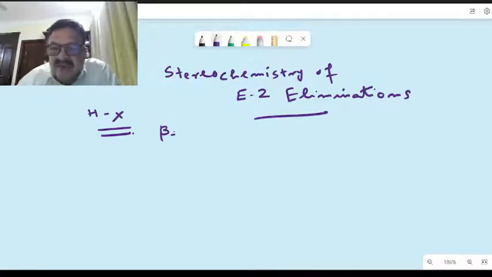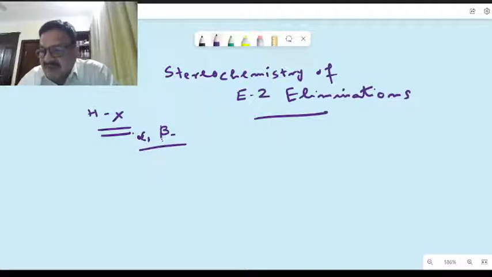Why is it called beta elimination? Because it involves loss of elements from adjacent atoms, adjacent carbon atoms. We can say one alpha carbon atom and a beta carbon atom. The alpha carbon atom is the carbon to which the leaving group, that is X, is bonded. Beta is the adjacent carbon atom.